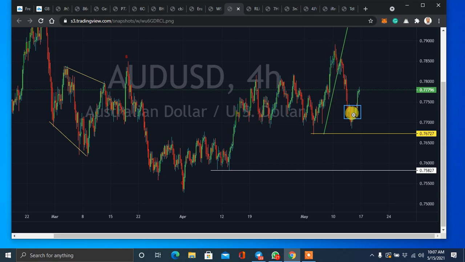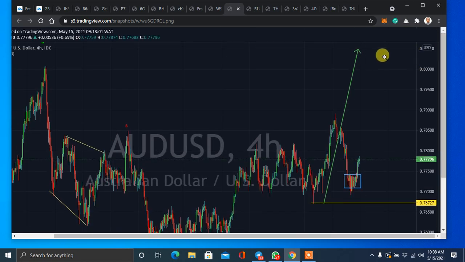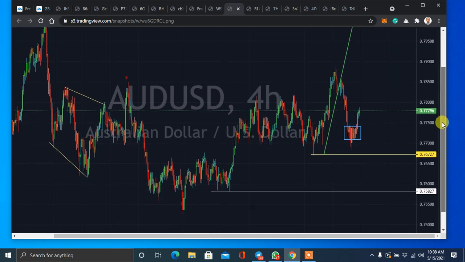I said that we look for buy here, but this remains the support, in other traders' language. So it did get to the support and the price is going up now. So just look for your buy, and you know our target. Here is our target, above 0.8. So don't miss the trade.